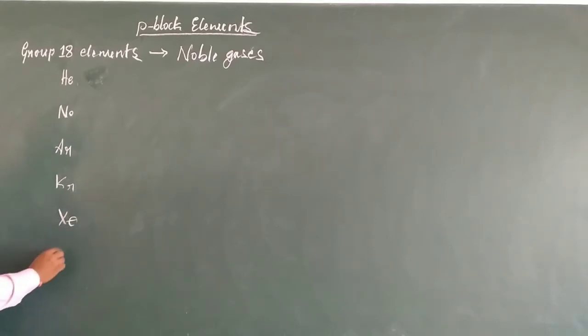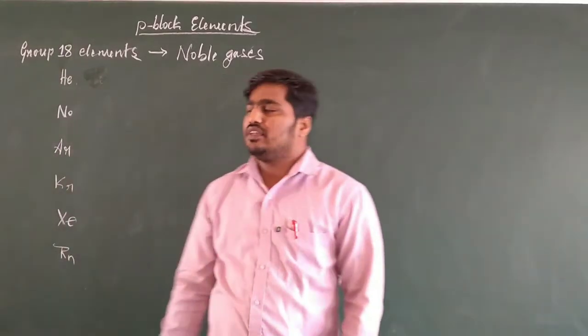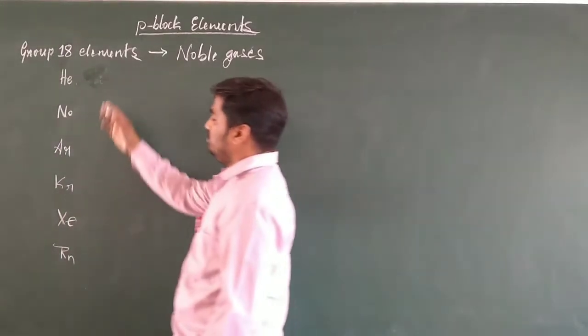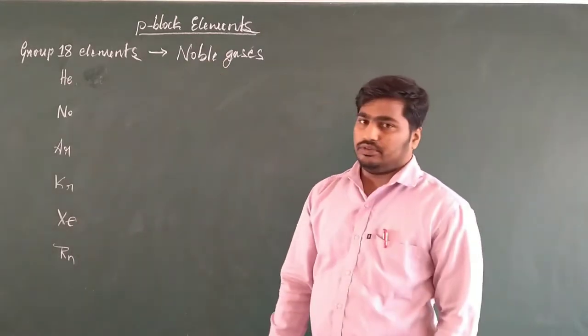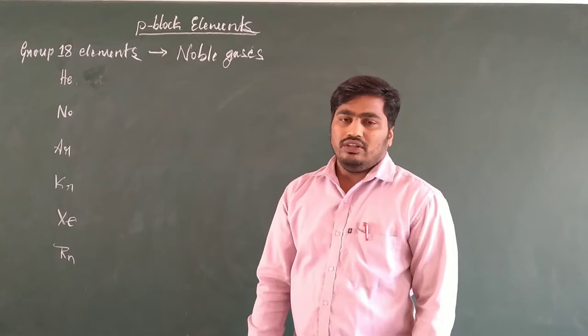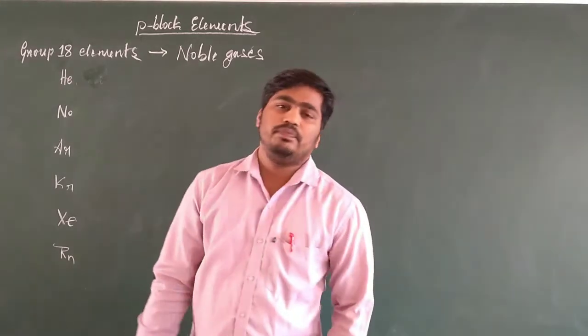The last one, radioactive element, is also considered. This one is radon. So these are the elements present in group 18: helium, neon, argon, krypton, xenon, radon. All these elements show completely filled orbital or shell.